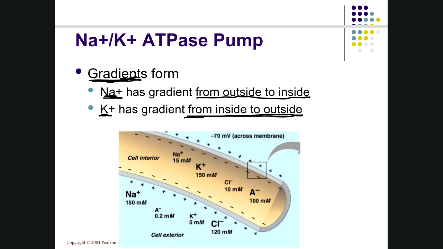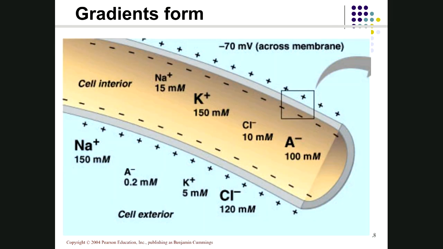So if I open up channels, sodium is going to want to come in because it wants to go down its gradient. And if I open up channels, potassium's going to want to go out because it wants to go down its gradient. Does it make sense?